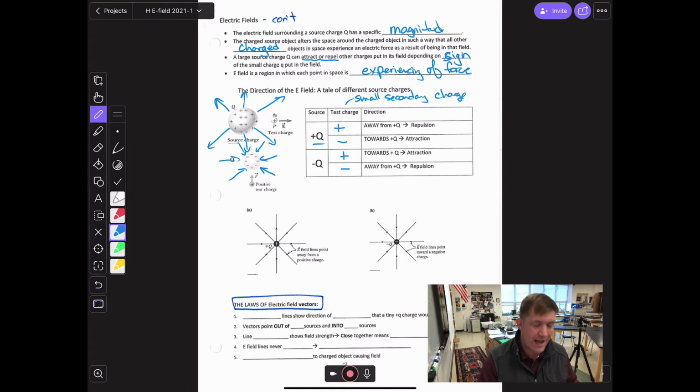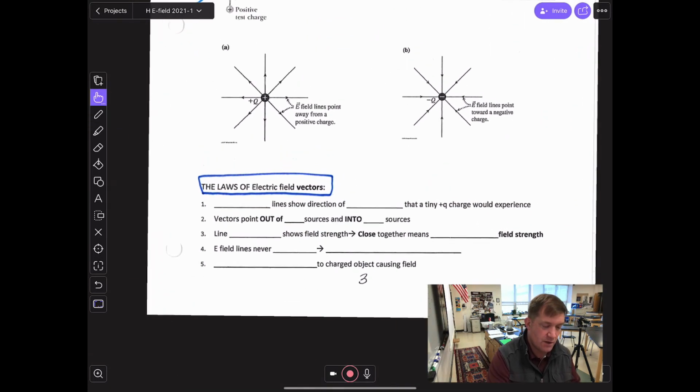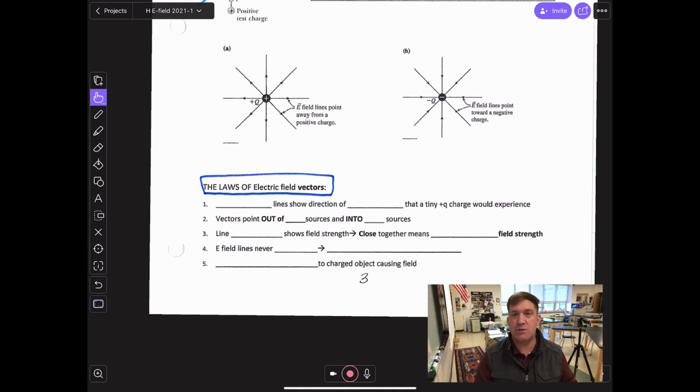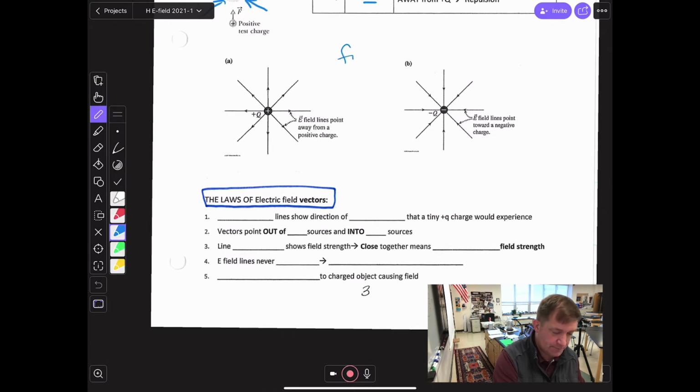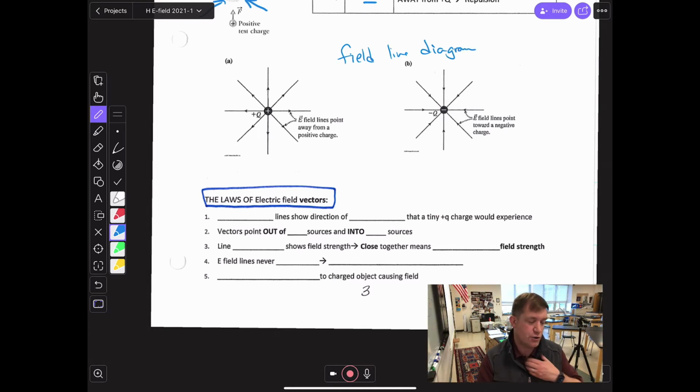Okay, so how to draw electric field lines or electric fields. Let's zoom in on this. So here are the two most basic field line diagrams. So this is a field line diagram for two electric charges. So we have a positive and we have a negative source.